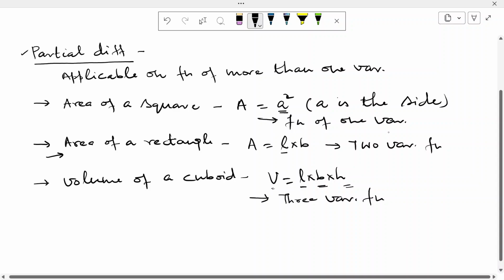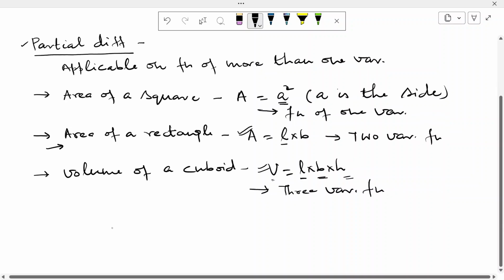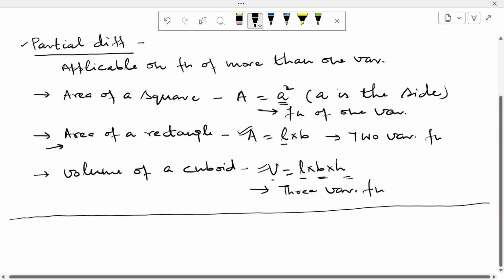We have the concept of partial differentiation whenever we are having a function of two variables, as we have here, or a function of three variables, or maybe more than three variables. If you have a function of n variables, then we can apply this concept of partial differentiation. So this is the first condition where we can apply the concept of partial differentiation.